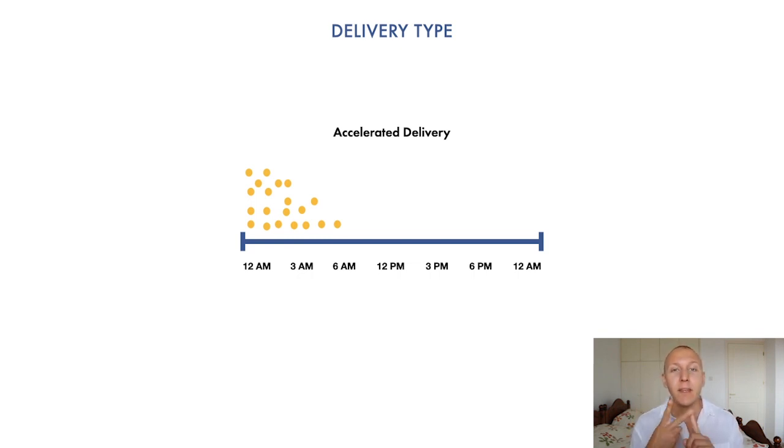Number two, if you want data as soon as possible, you're not going to get all the time data, but you are going to get the data about the audience, about the results, about whether to optimize, if it's a good cost rate, if you're getting a good return on investment, etc. All of that important data you're still going to be getting. So if you have a large budget and you need to get data as soon as possible, or you're doing anything that's time sensitive, then the accelerated delivery is perfect to use.